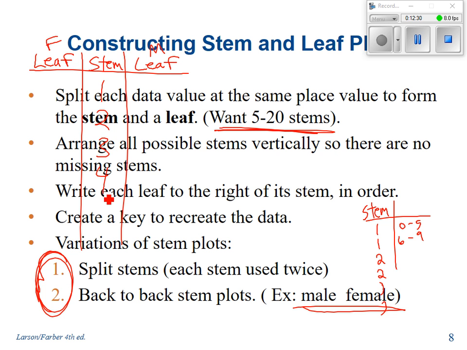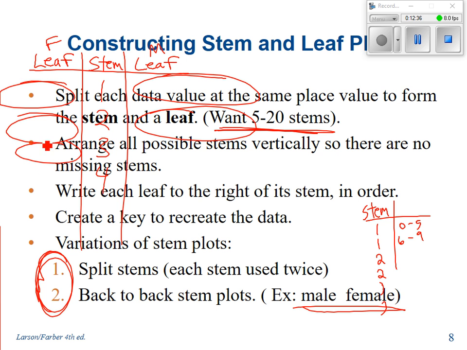Then you'll have the male information over here and the female information on this side, and you can compare the two and say, oh look, the females are a lot in the 20 range, the males are a lot in the 10 range or something, and then you can compare the two things that aren't really the same.